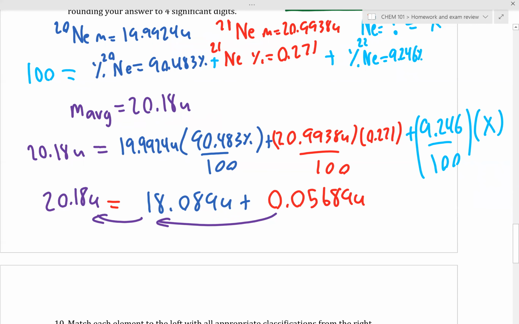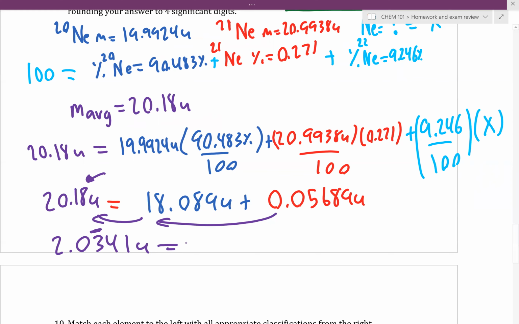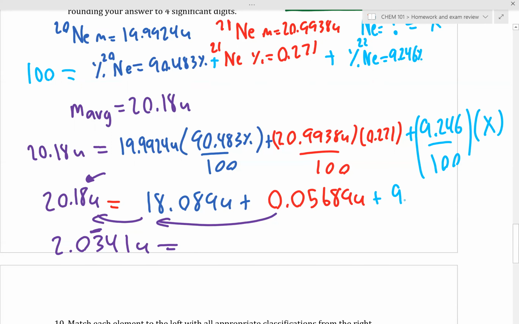And that in turn gives us 2.0341. Don't worry, we will truncate sig figs in a moment. Just as a side note, we're retaining up to the second decimal place because we did a subtraction operation and this number has 2 decimal places. Does that make sense?